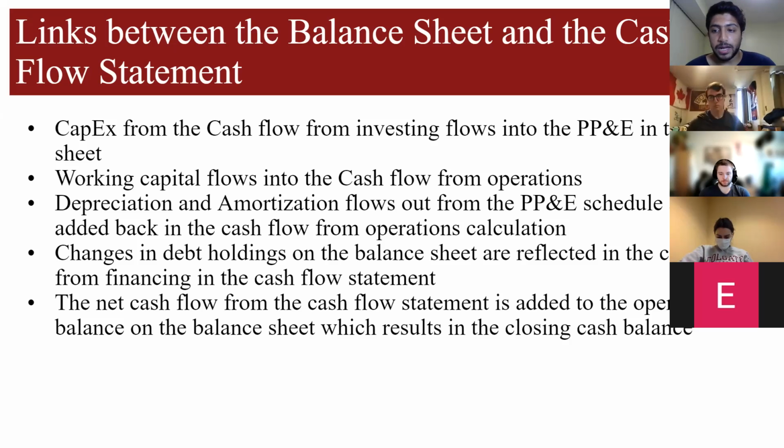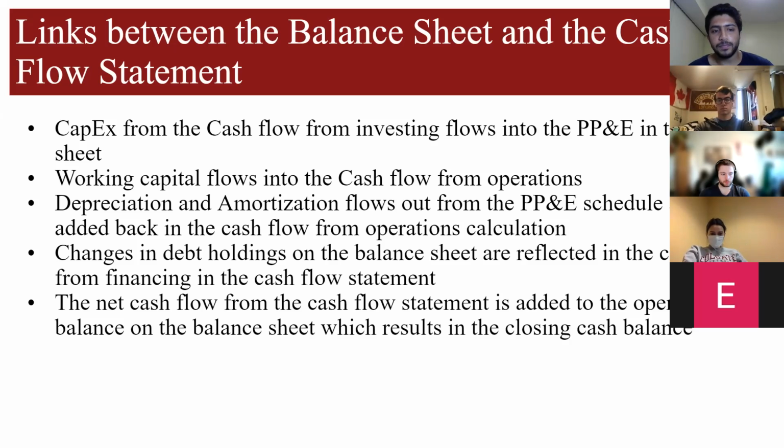So that's why we adjust for them in the cash flow from operations. This is a point I'll also demonstrate in Excel if most people don't have a clear understanding of it, because I think it's the hardest link to understand. So when I go through all the linkages, if you still don't understand it, I'll be happy to demonstrate that in Excel.